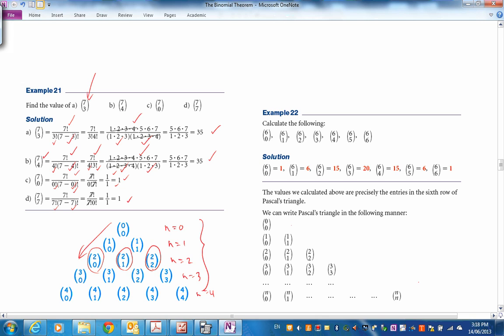Because that's the first one, you're choosing no y's out of the brackets if you like, so there's only one way of doing that. Let's have a look at these. It looks like a row of Pascal's triangle, isn't it? 6C0 on the outside, 6C1, 6C2, 6C3, etc. If you were to work those out, then you would have these numbers here.